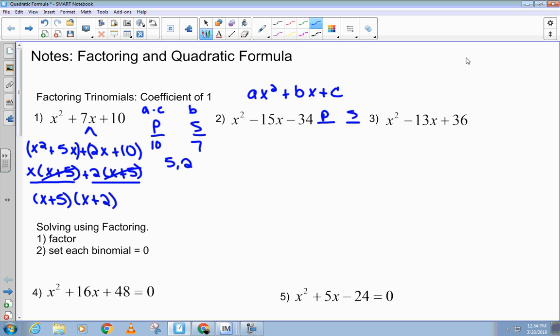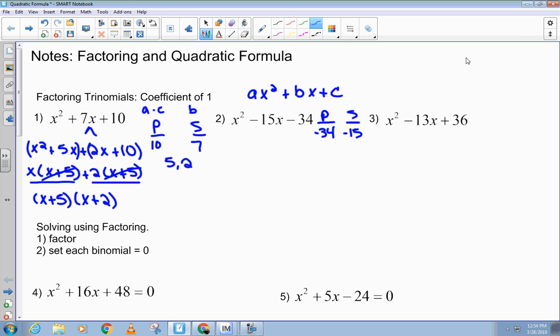You multiply your a and your c together, which gives you negative 34, and then your b is negative 15. Now, I need two numbers that multiply together to give me negative 34 and add together to give me negative 15. What multiplies together to get 34? 2 and 17.